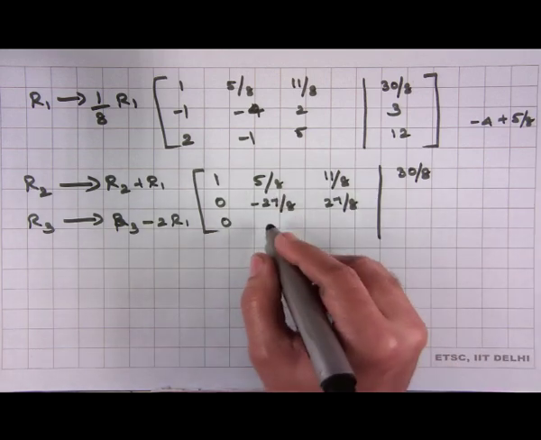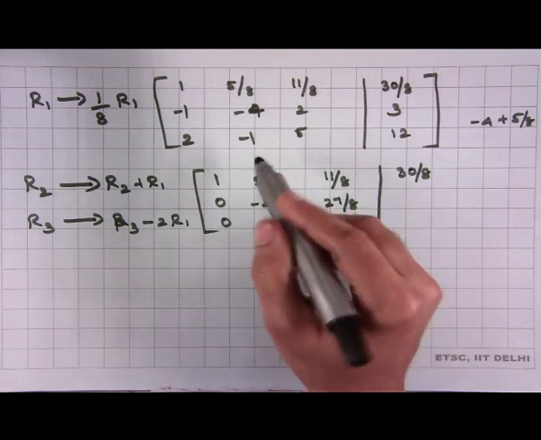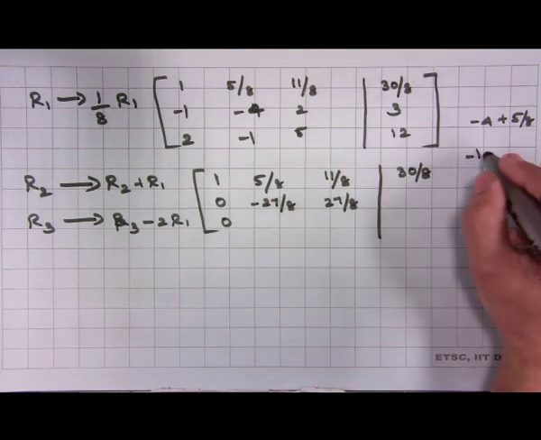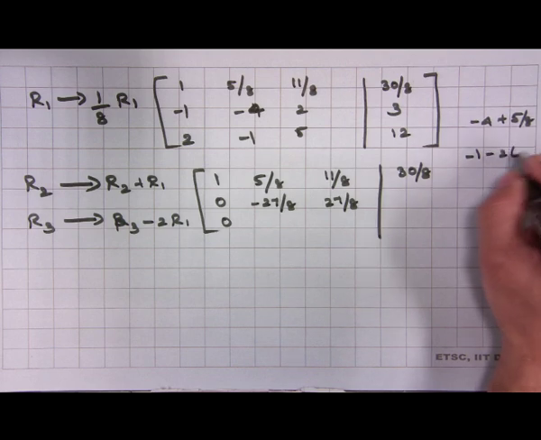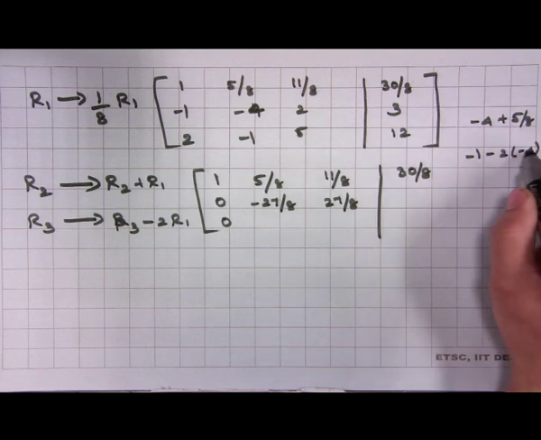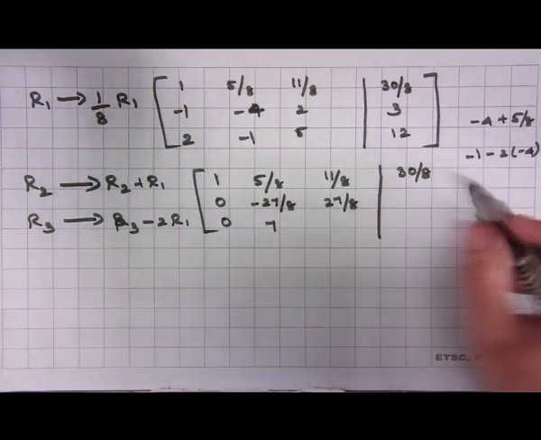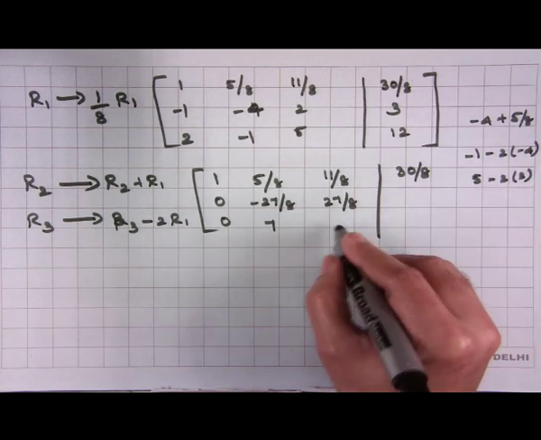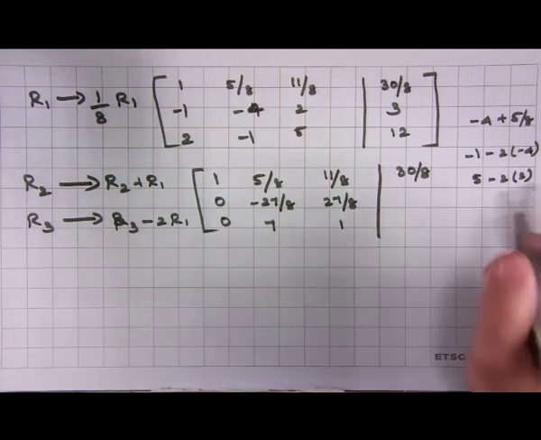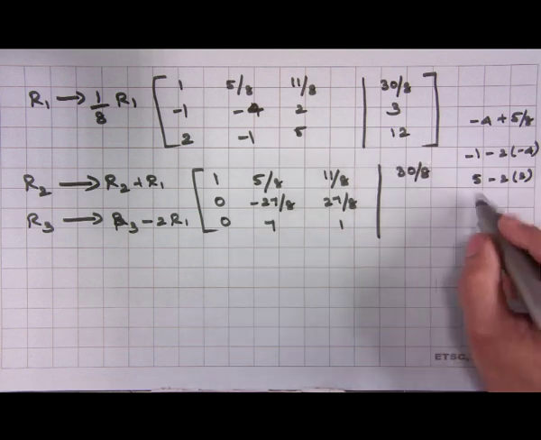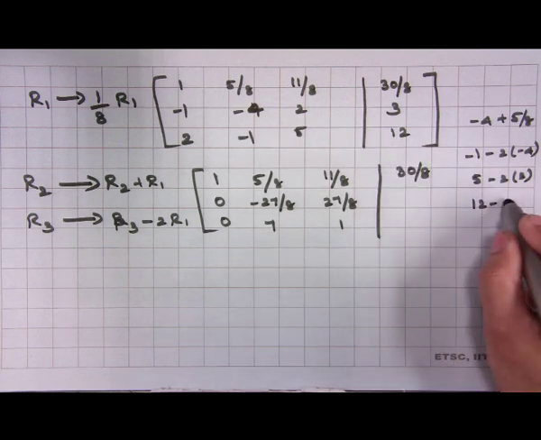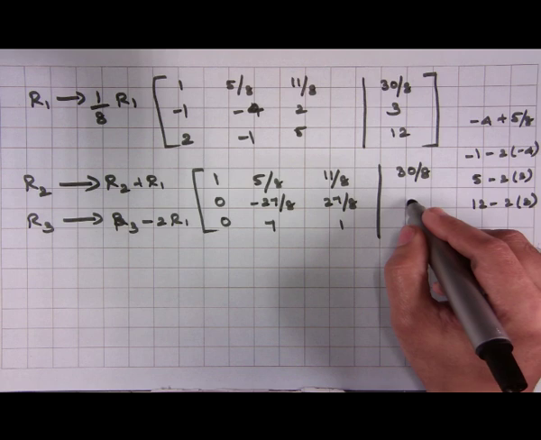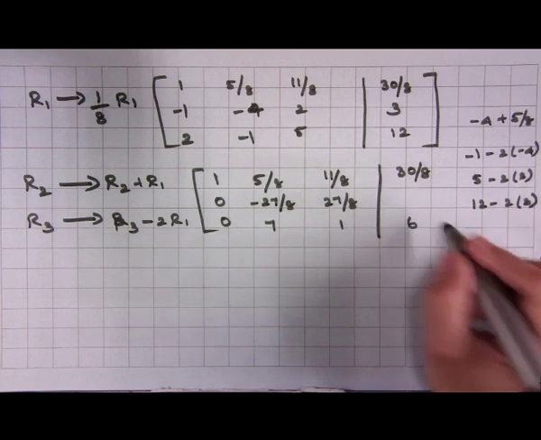And then R3 minus 2 times R1: minus 2 times minus 4, so 8 minus 1 is 7; 5 minus 2 times 2, 5 minus 4 which is 1; and 12 minus 2 times 3, so 12 minus 6 which is, oh, I have 6.